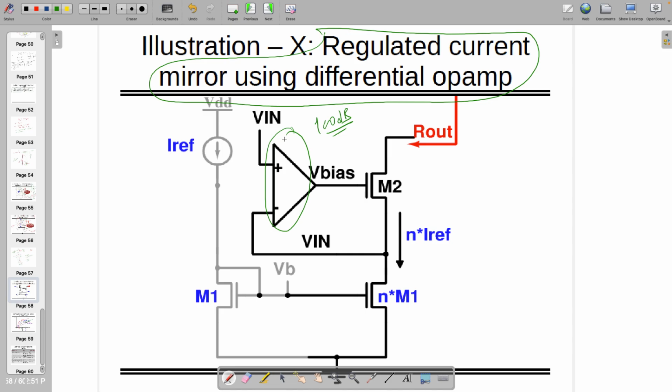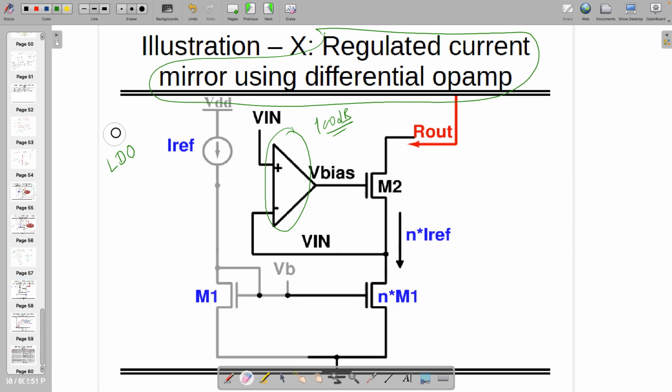So if this is the circuit, this is a very popular circuit. People also use a circuit called LDO. You heard about LDO? There is one more, BGR, before LDO, right?